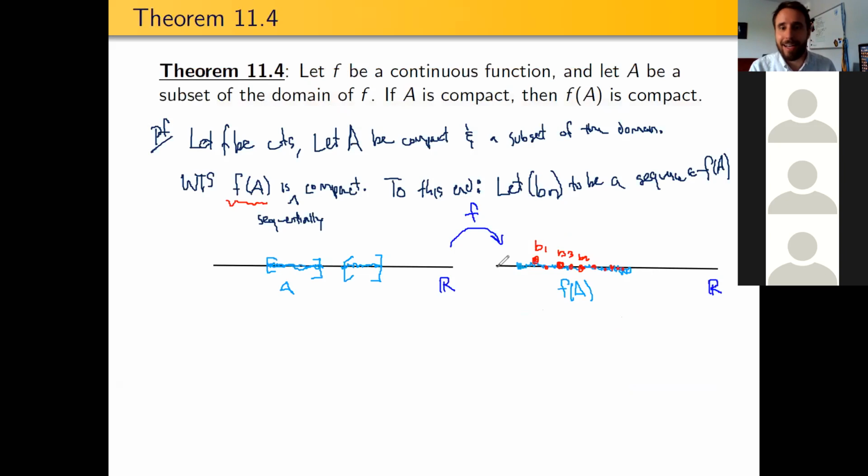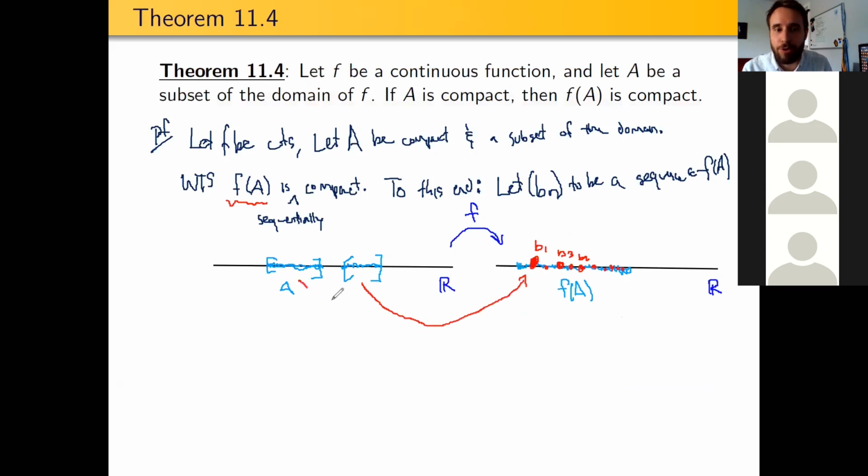Now to do this, for B sub 1, I'm going to recognize that if B sub 1 is in my image, it must have gotten mapped to from somewhere over here, at least one spot.